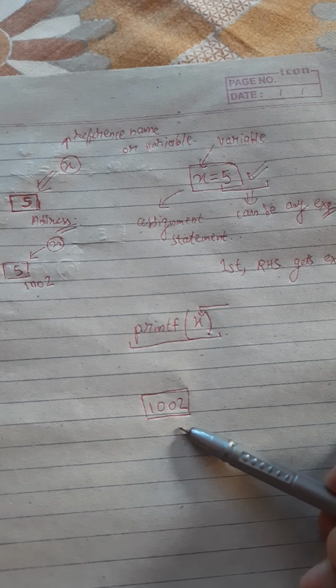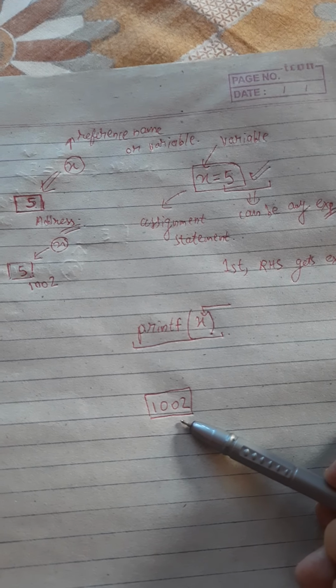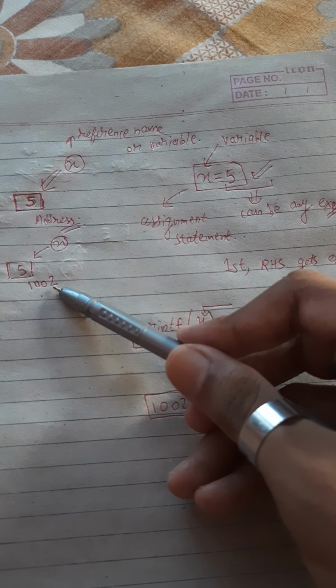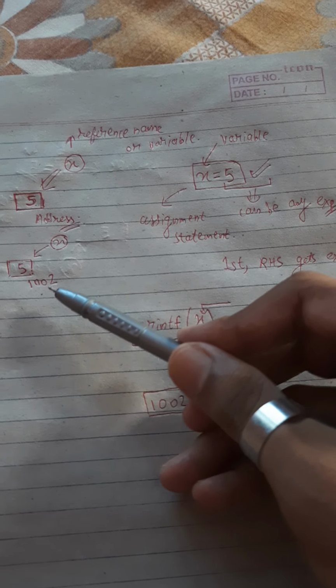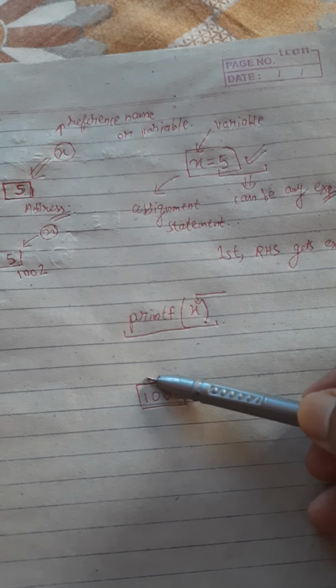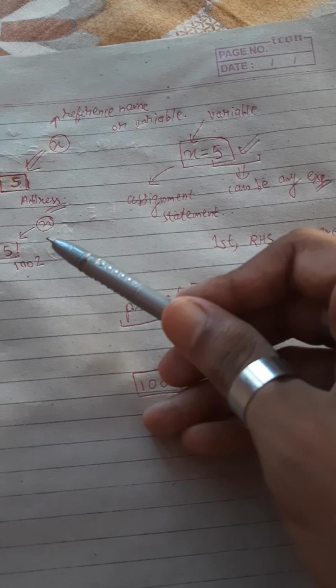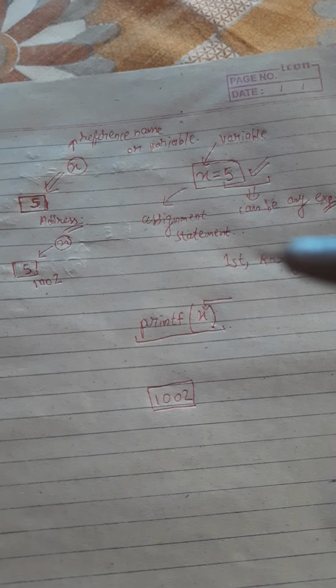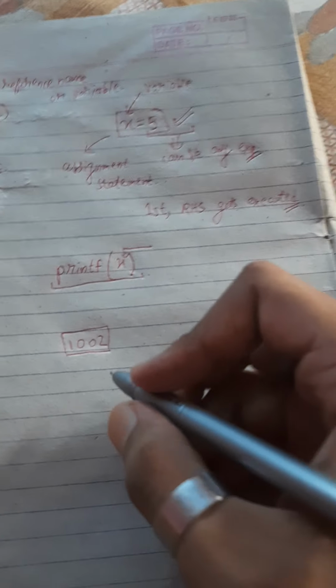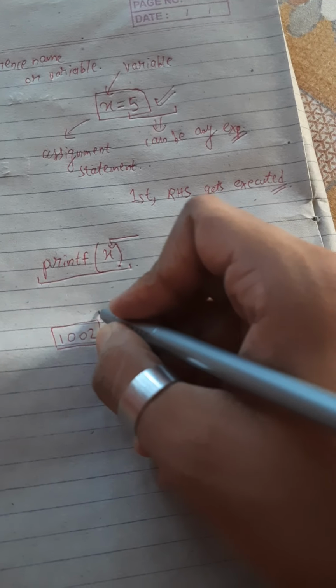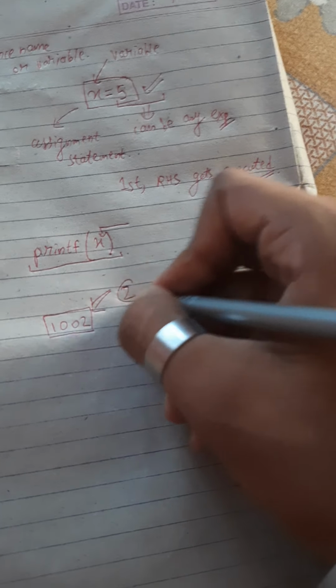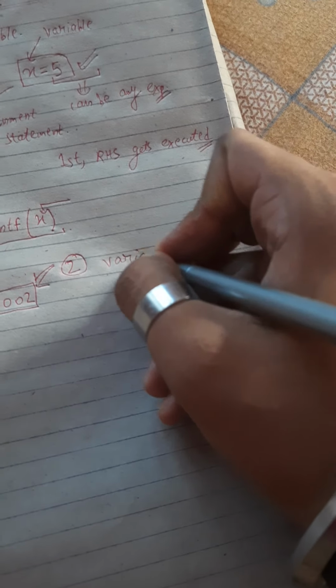Similarly, this other box has the address of 5 as its value. To retrieve it I need a variable, like x. Suppose my variable is z.